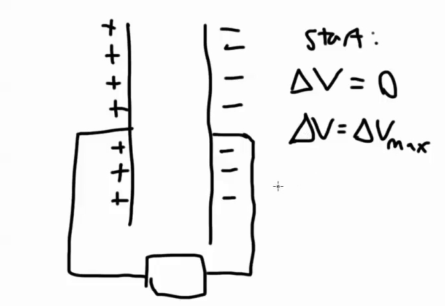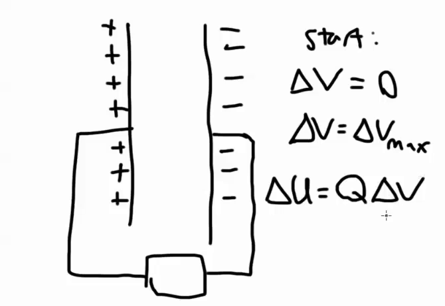So when I have this equation that the energy required to do this should equal the charge on the capacitor times delta V, what delta V should I use? Well, I shouldn't use 0, obviously, and I also shouldn't use the maximum potential, in other words, the battery voltage either, because the truth is somewhere in between.